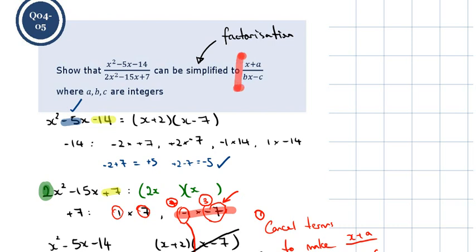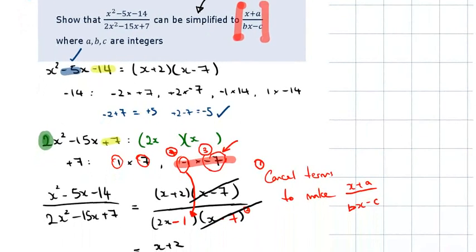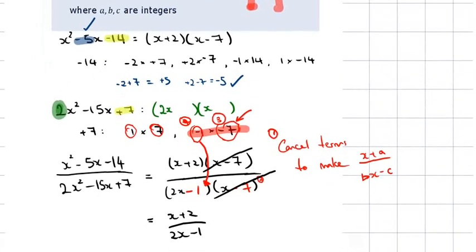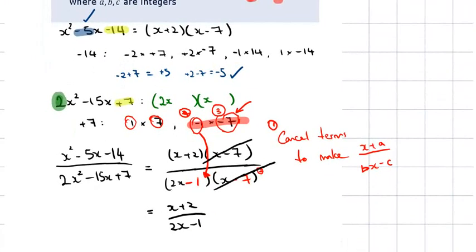It means that some terms are going to get cancelled out, and it's your job to find out which term is likely to get cancelled out. That would save you some time rather than factorizing out and trialing every single option.